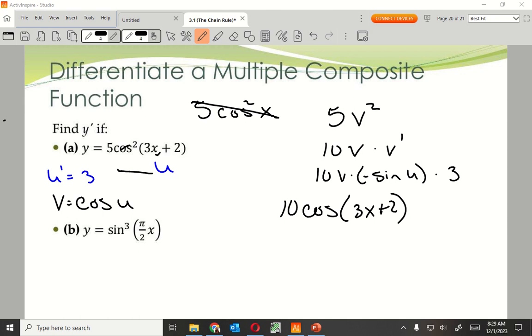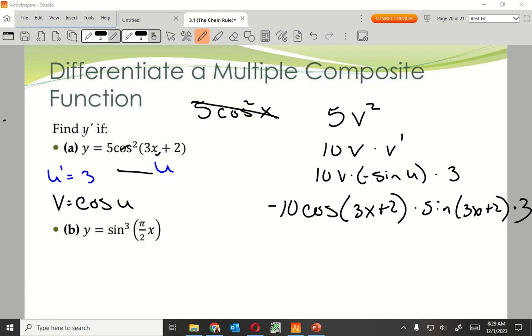All right, so now bring it down again. This next piece is going to be a negative sine, so I'm going to put that negative out here. And that sine of u, but my u is 3x plus 2, and all that is times 3. I'm going to move it out front anyway.